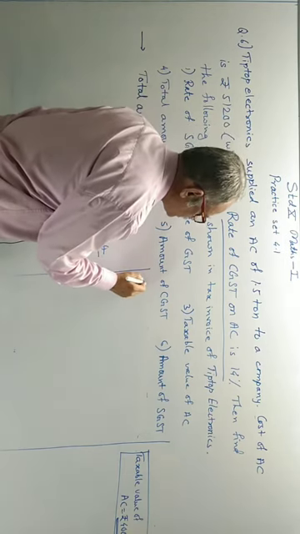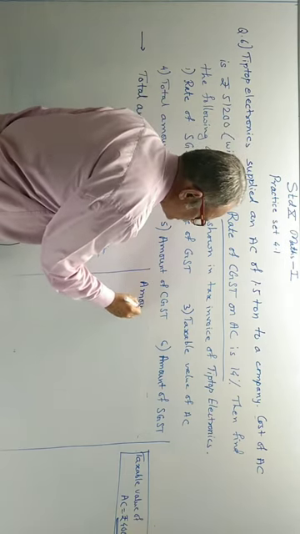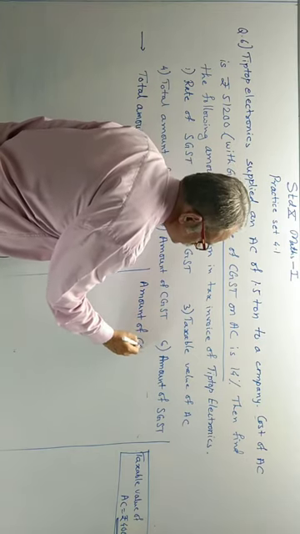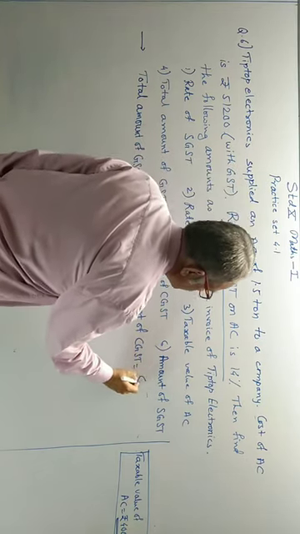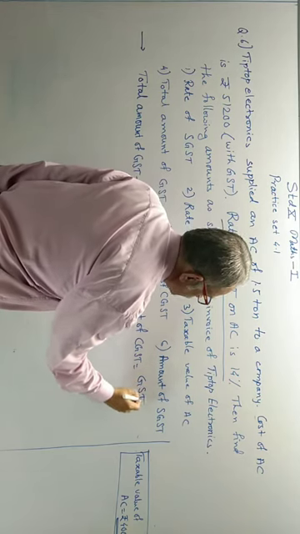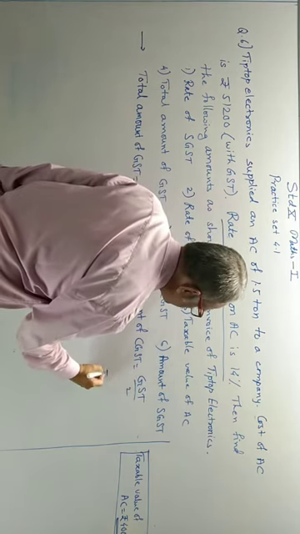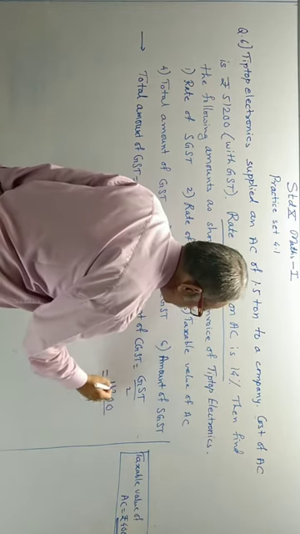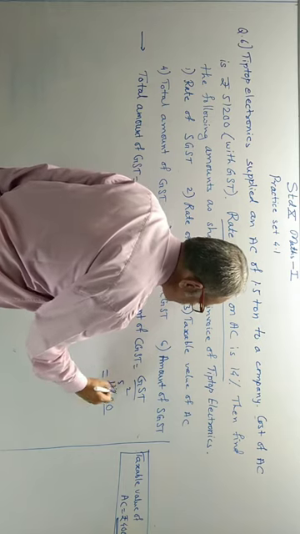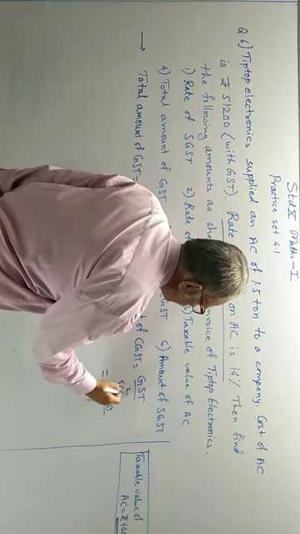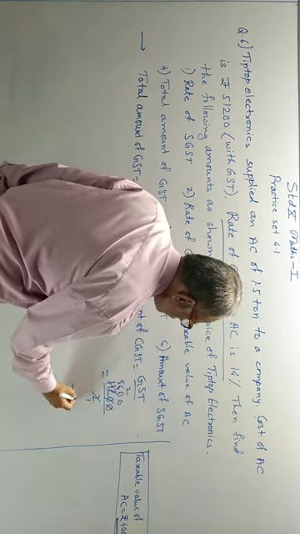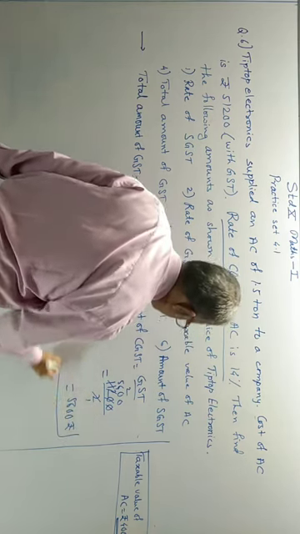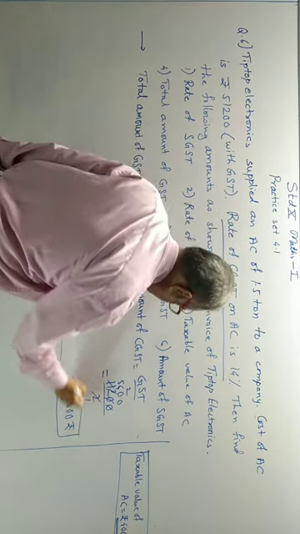So the amount of CGST is GST upon 2, that is 11,200 upon 2. 2 5s are 10, 1 remains, 2 6s are 12. Out of 11,200, 5,600 rupees is CGST that goes to the central government.